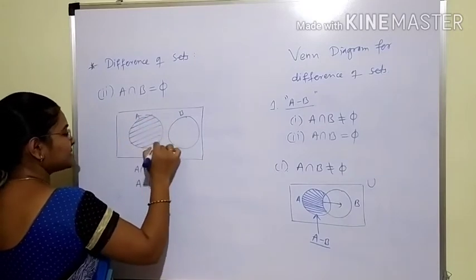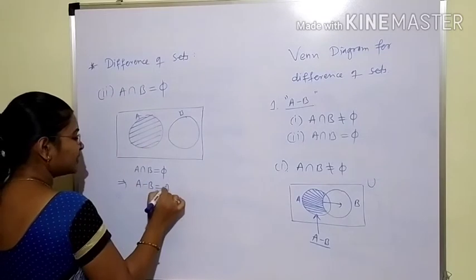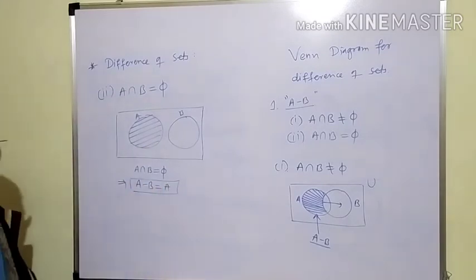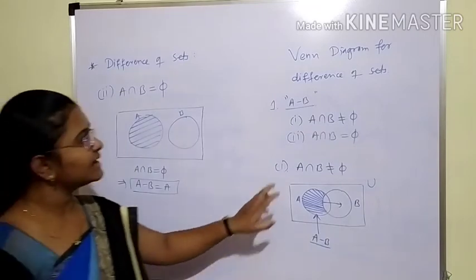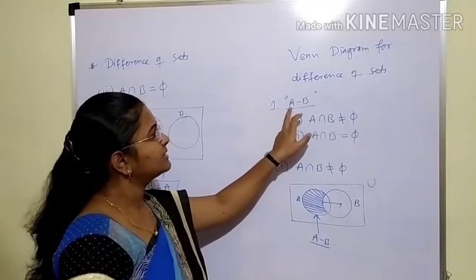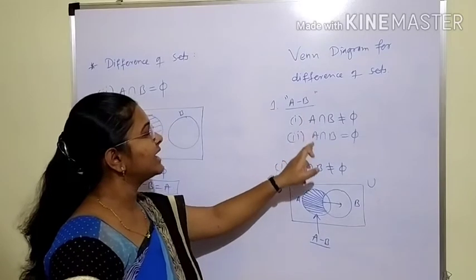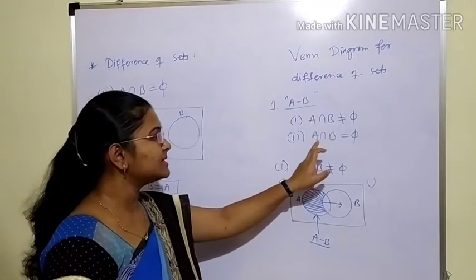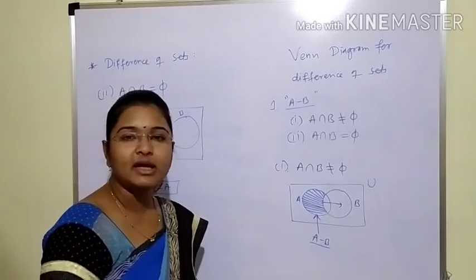So A minus B will be equal to set A only. Any doubt in this? Okay, so we have seen the Venn diagram for set A minus B, where we have seen two cases, which are A intersection B is a non-empty set and A intersection B is an empty set.